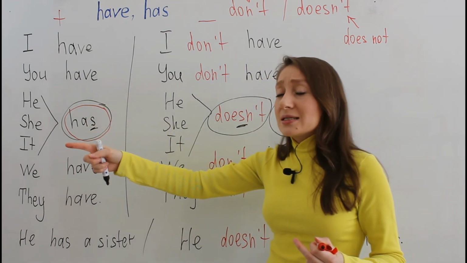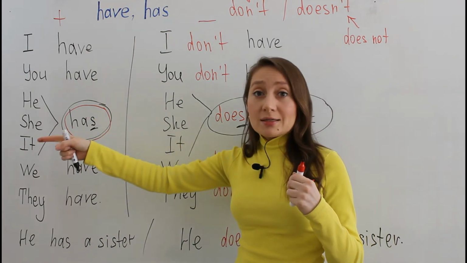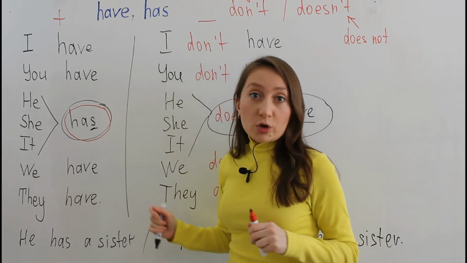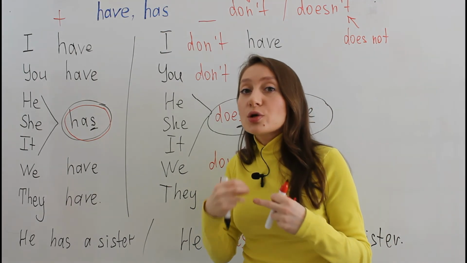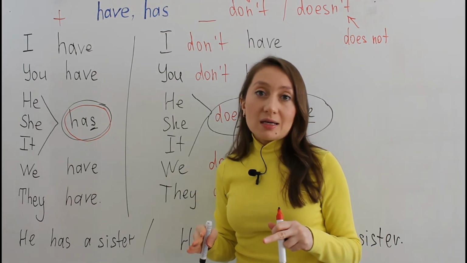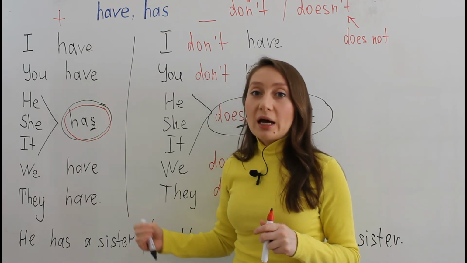She doesn't have a lot of friends. I have a brother. She has a sister. So she doesn't have a brother, right? Make a lot of sentences so it sounds automatic and natural. Please just follow this advice. Make sentences connected with your own life.